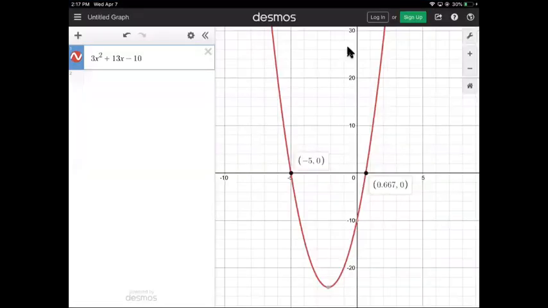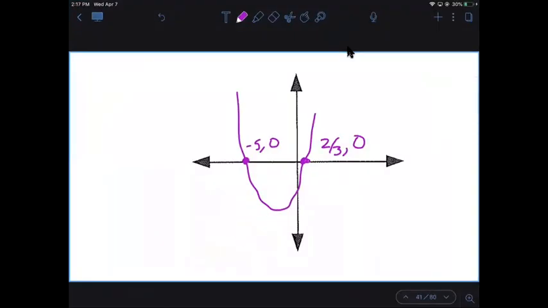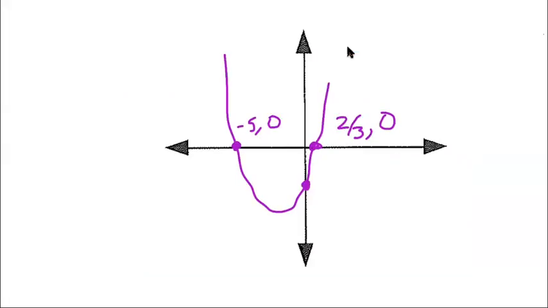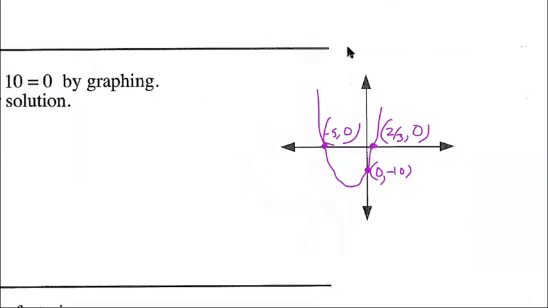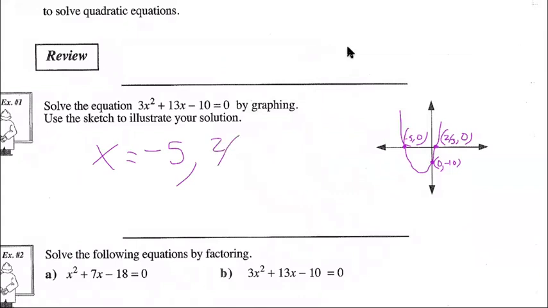It looked like -10, so 0, -10. So 3 points that we were able to get from our graph on Desmos. Solve the equation 3x squared plus 13x minus 10 equals 0 by graphing. Sketch your solutions. Well, x equals -5 and 2/3.